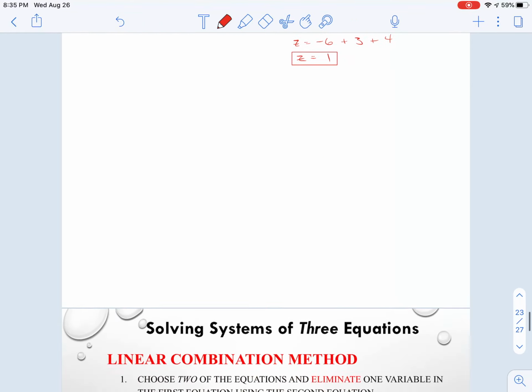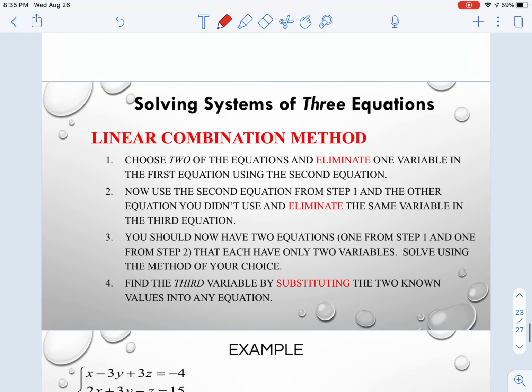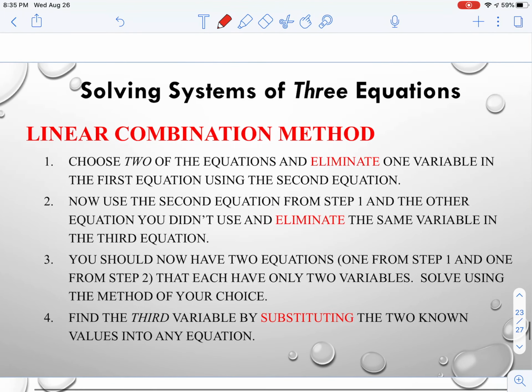Okay, let's take a look at elimination, also sometimes called the linear combination method. Elimination is where I'm going to take a particular equation and either add it or subtract it, or possibly multiply it by a value and then add or subtract it to another equation, such that I eliminate a specific variable.